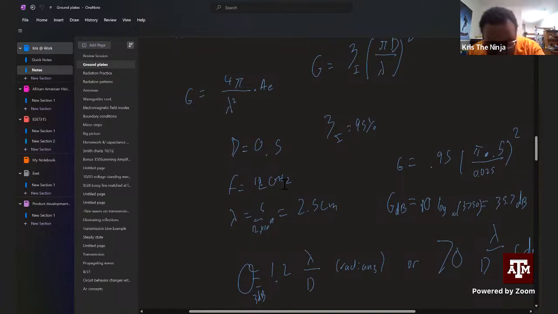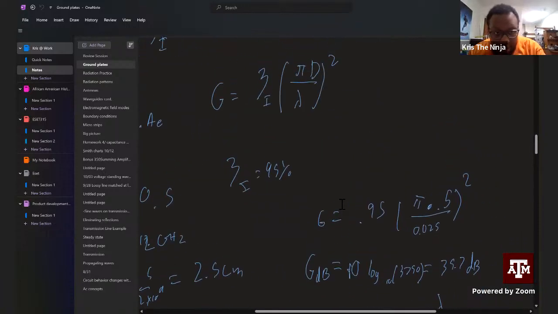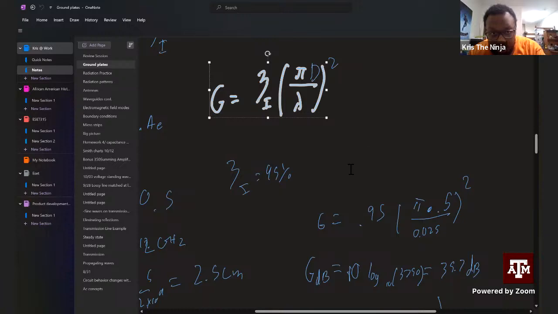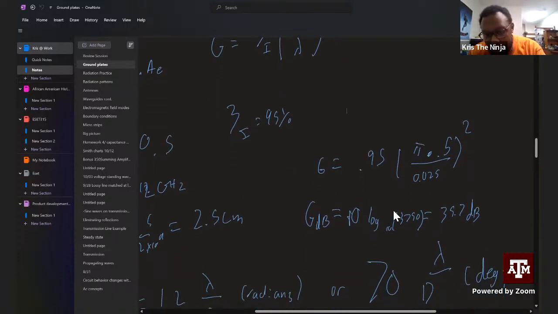Frequency is 12 gigahertz. Lambda ends up being 2.5 centimeters. So then, just like this equation here, you have 0.95 times pi times 0.5 over 0.025 squared. Wham, bam, thank you, ma'am.